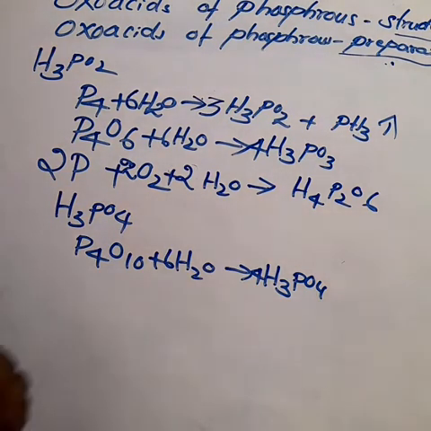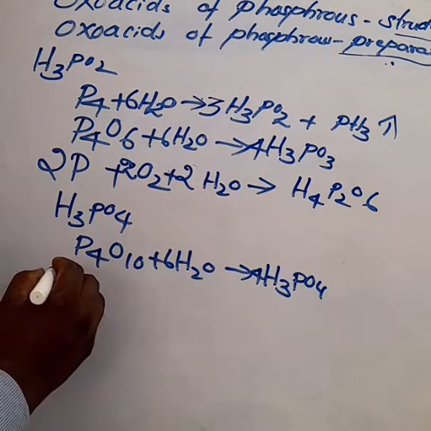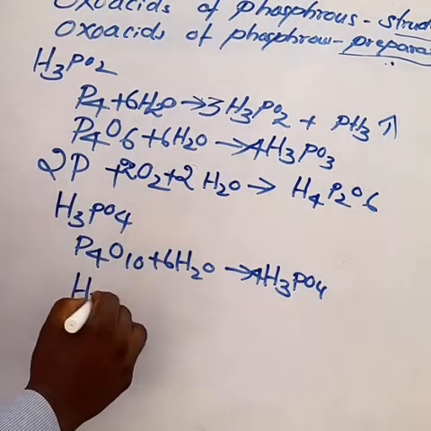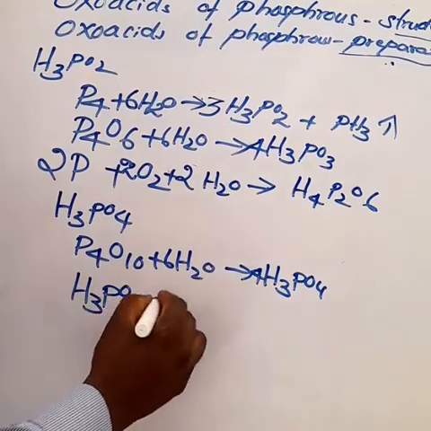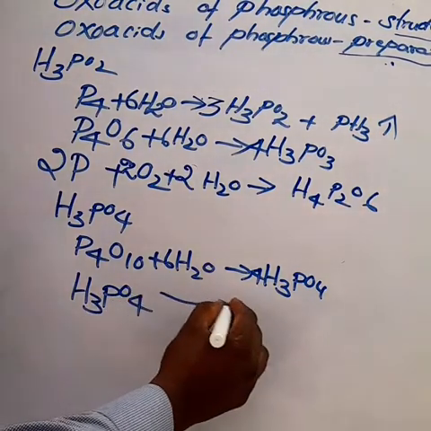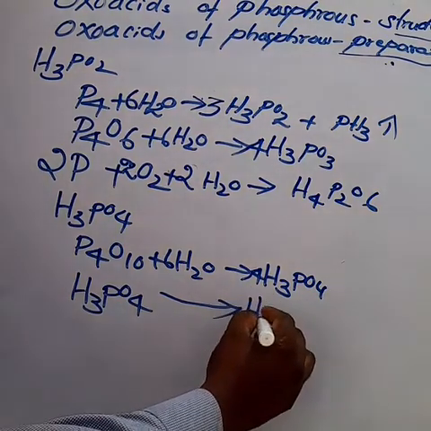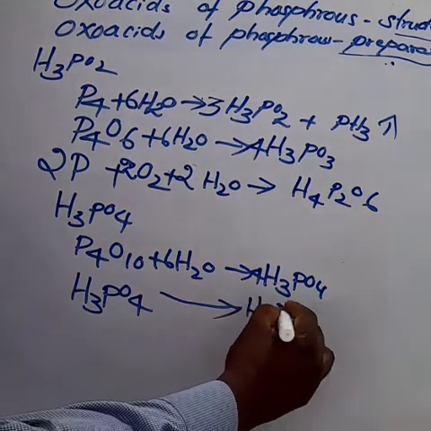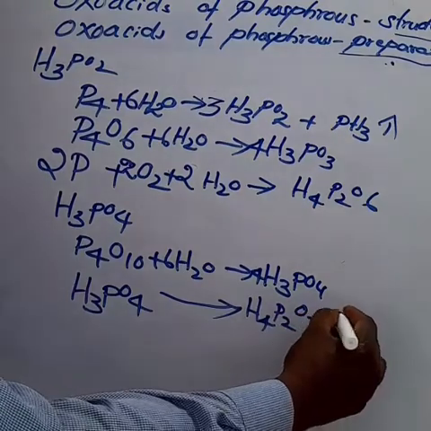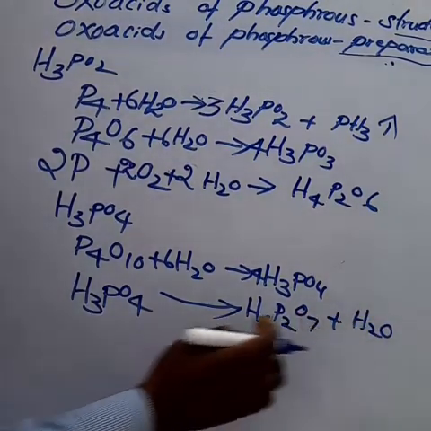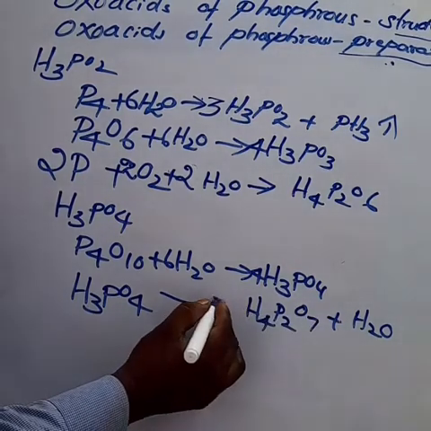What about pyrophosphoric acid? How can you write the equation? H3PO4, the phosphoric acid, is converted into H4P2O7, the pyrophosphoric acid, along with water molecules.